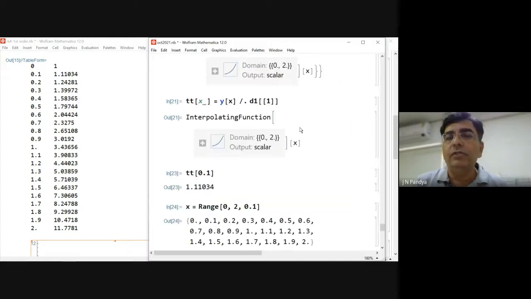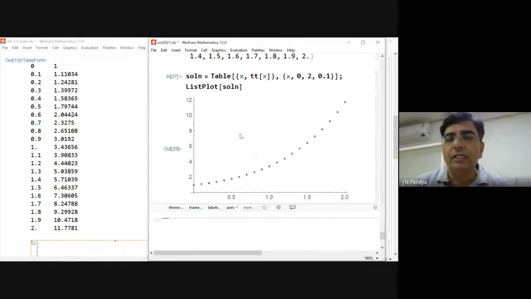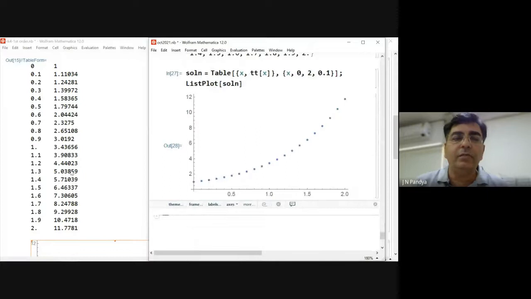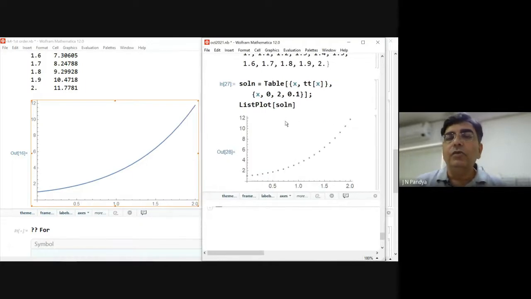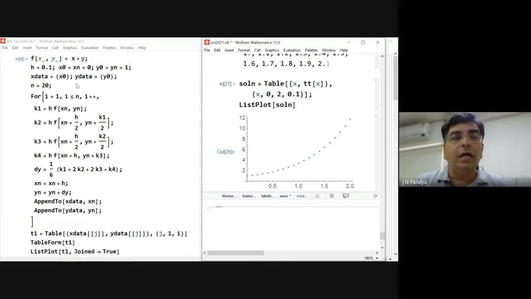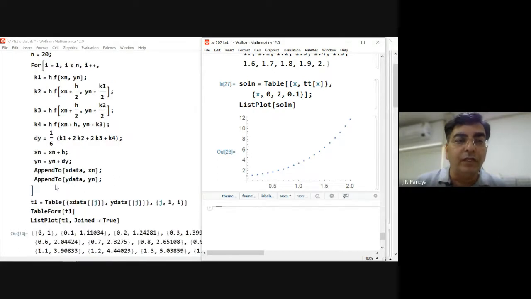Now, if you see this function and this function, as you say, they are exactly same. Even this function is the same thing. You can check, right? So you can literally use Mathematica to solve RK4 without writing any code. I showed you how to do that thing with a code.